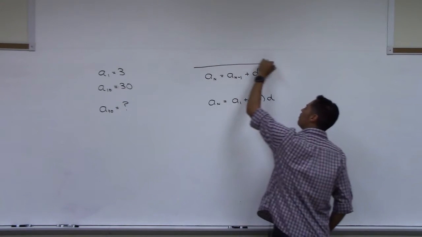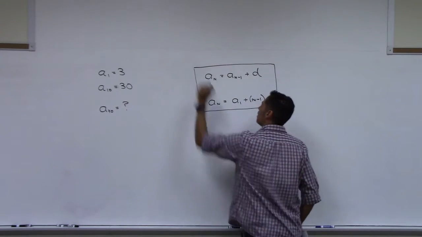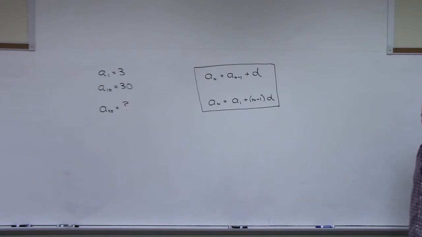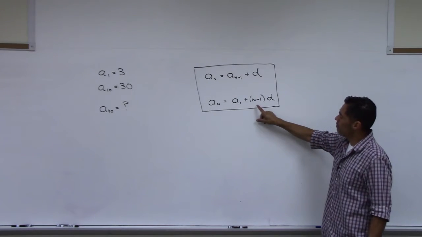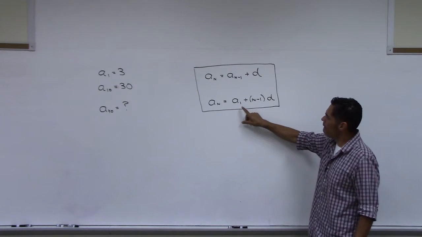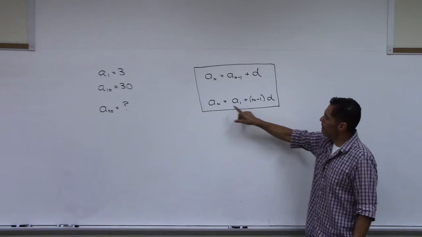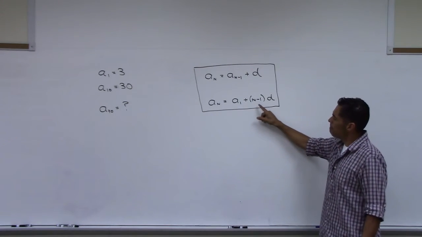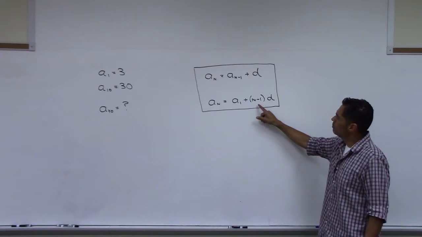These are our two formulas for arithmetic sequences. Do you see any way that I might be able to use these to get that 40th one? Use the bottom one, right? Then you would put a sub 40 is equal to a sub 1 plus 39 d.